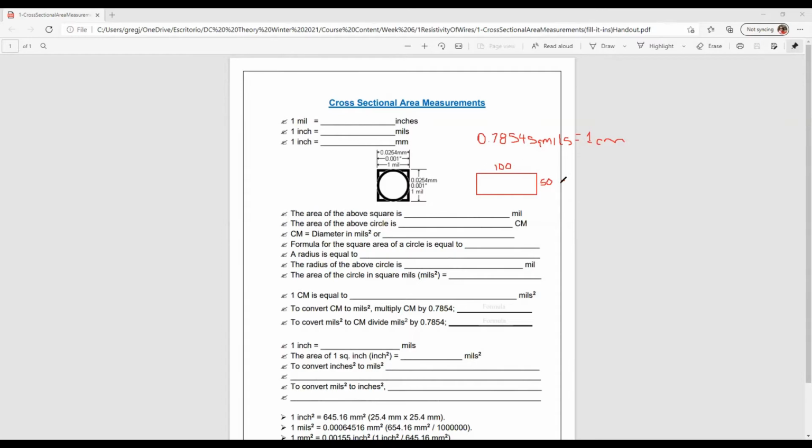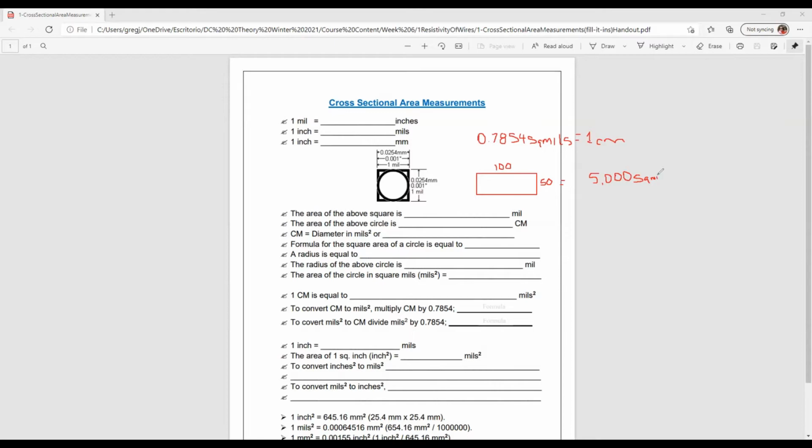So now I can determine the square area of this bus bar by multiplying the length by the width. So I have 100 times 50, that's going to be equal to 5,000 square mils.